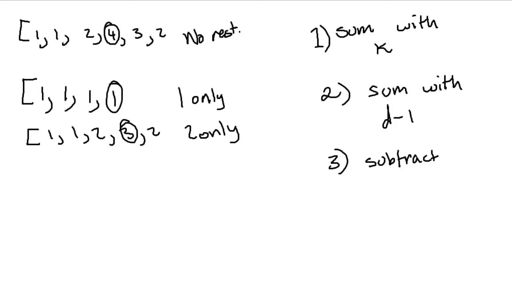So the first array, we're going to use k. This is going to have a length of n plus k, right? And this is going to have a length of n plus d minus 1.